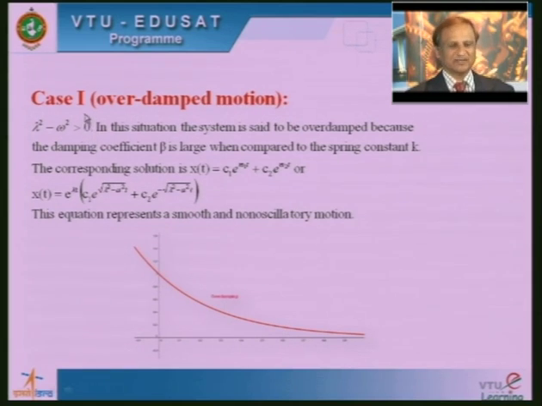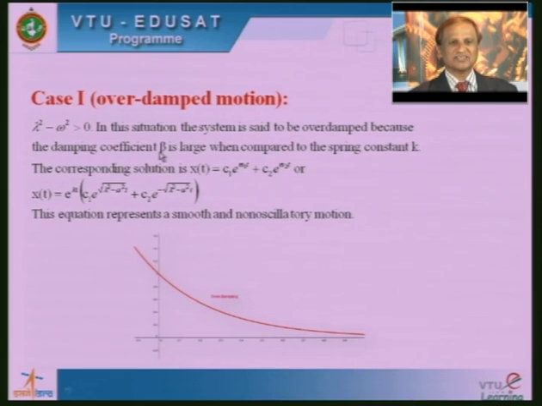We are already familiar, but I want to repeat once again. In this situation, the system is said to be over damped, because the damping coefficient beta is large when compared to the spring constant k.